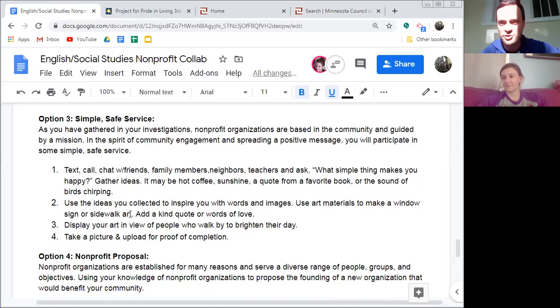You could do that. You could post it somewhere in your house where people that are staying where you stay will see it. But you're just sending that positive message, positive mission out to your community. Then you just have to take a picture and upload it for proof of completion. So that's a little more artsy one.